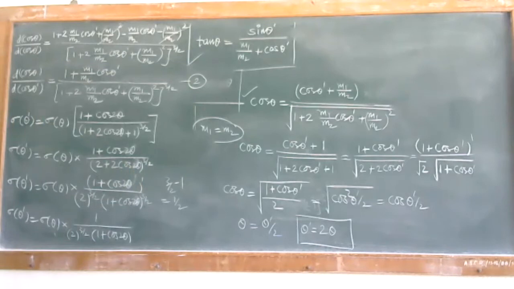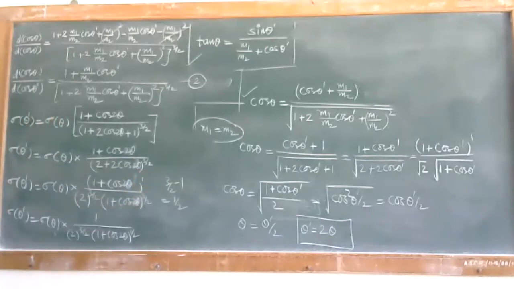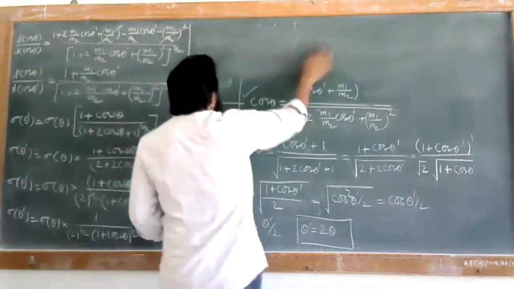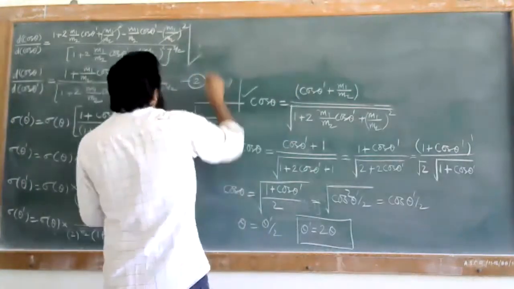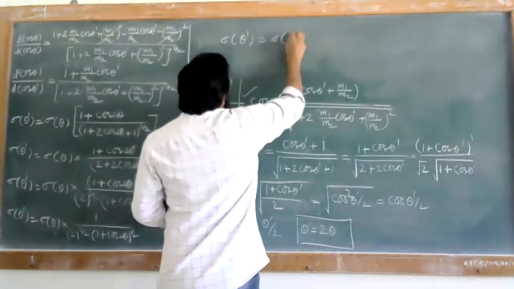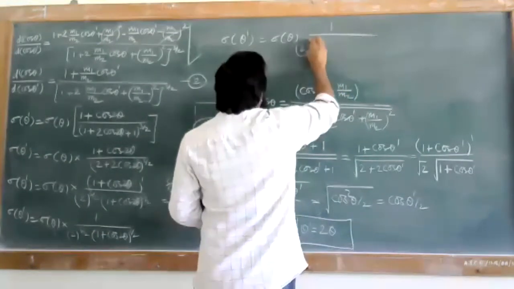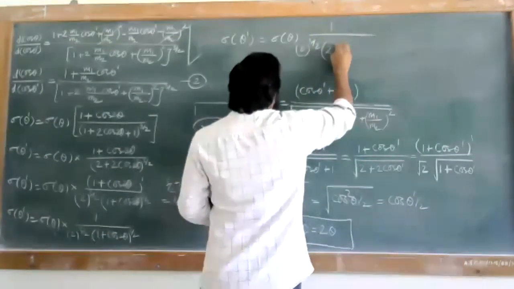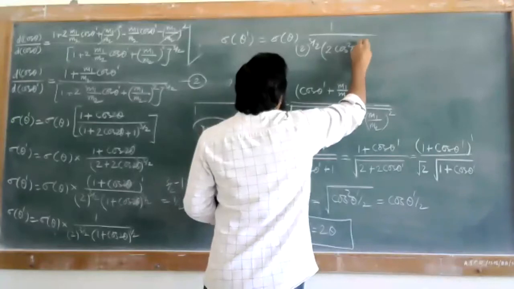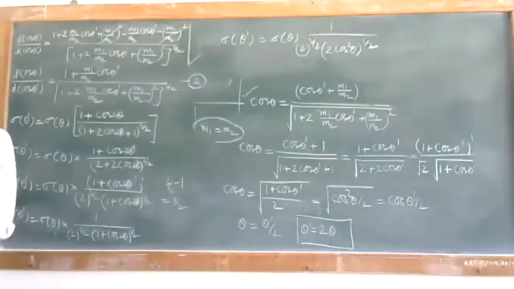The value comes out to be cos of 2 theta raised to 1 half, and this comes out to be 2 cos square theta. So sigma theta dash is equal to sigma theta into 1 divided by 2 raised to 3 by 2 into 2 cos square theta raised to 1 half.